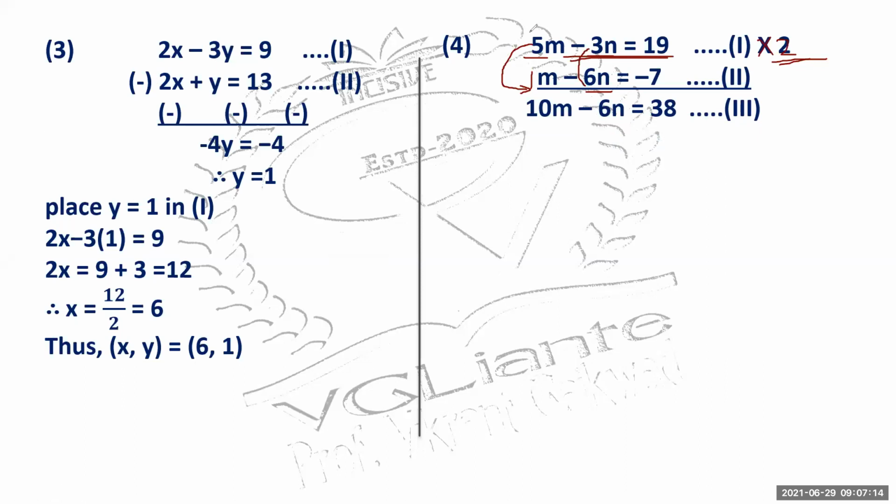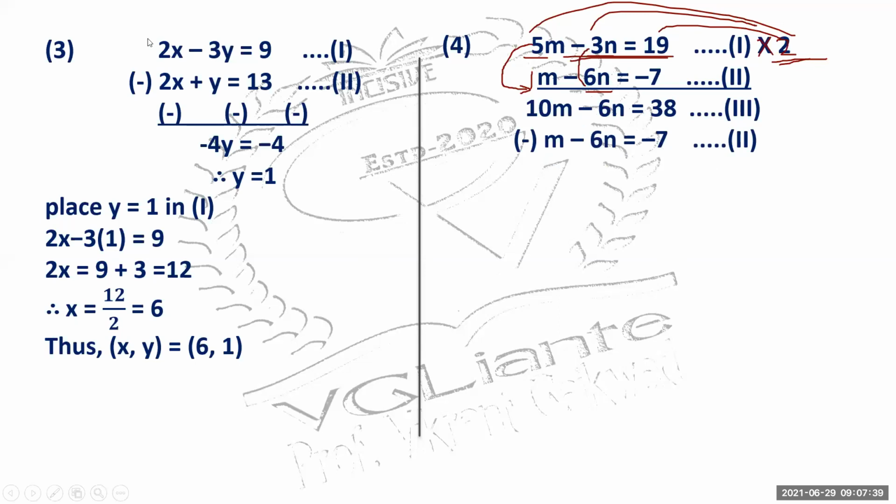Check. 2 into 5, 10. 2 into 3, 6. 2 into 19, 38. So I've got 10m minus 6n equals to 38. Now your second equation will come as it is. That is m minus 6n equals to minus 7.